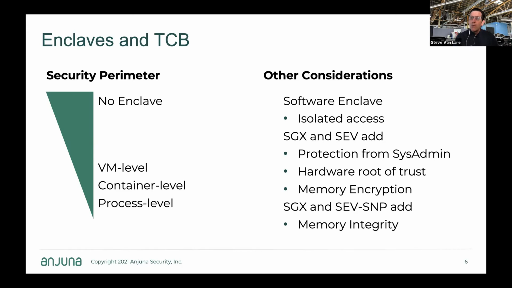The final level you can be thinking about your enclaves is wrapping around an individual thread or an individual process of your application. And in those cases, you can get pretty narrow in terms of what you want to protect. Now, obviously, the smaller you go down that triangle, the more you have to think about your application's architecture, the more you have to think about what the components are that you're working with and how you want to tease them apart.